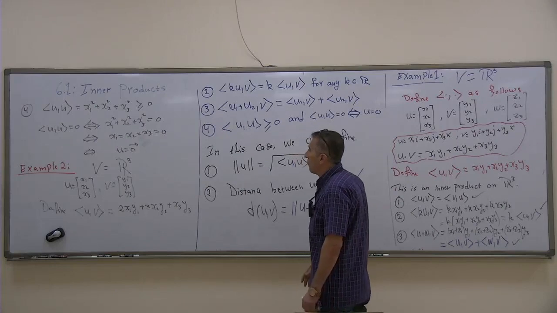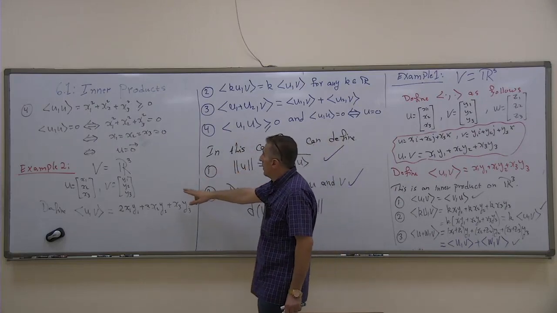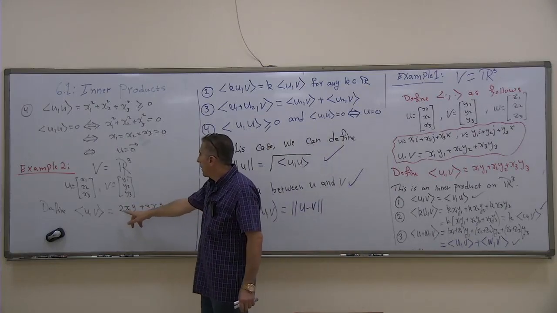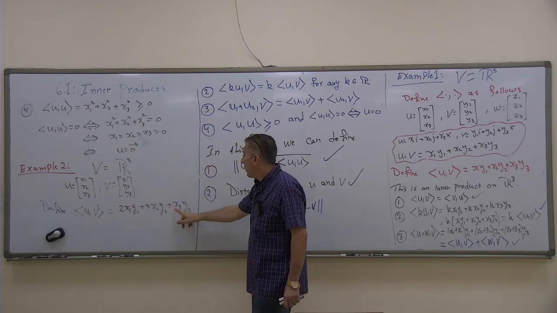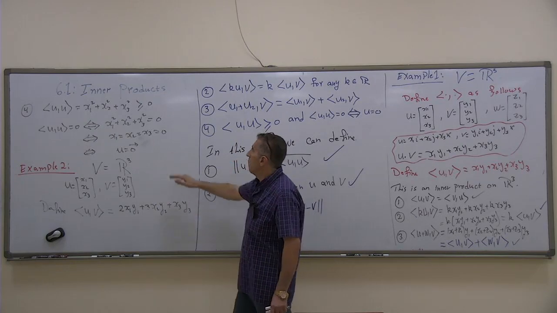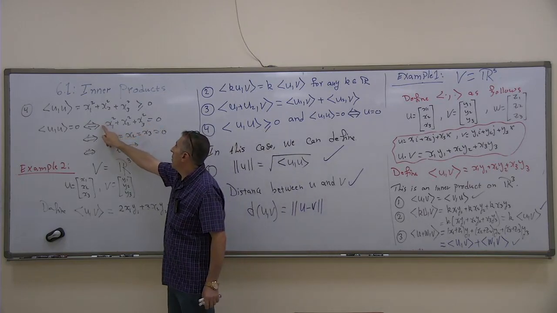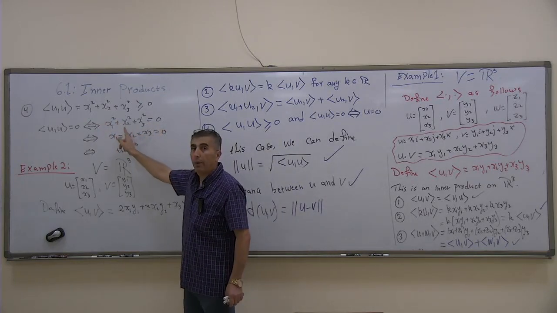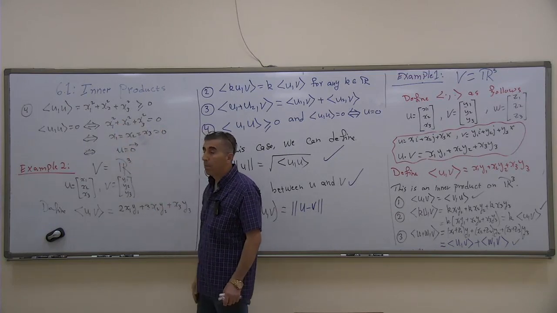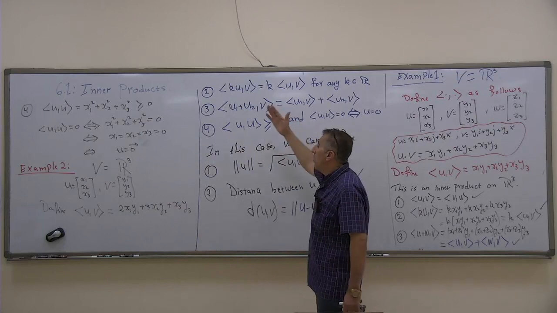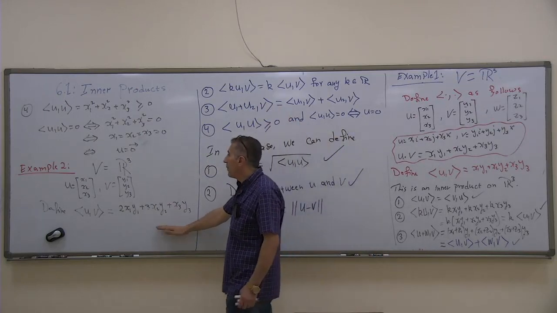What about 4? U with itself, what do you get? You get 2x1 squared, 3x2 squared, and here you get x3 squared. So as we did here, but you are going to have here 2 and here 3. Correct? So you get the same thing. Okay? So basically, all 4 conditions are satisfied if you do this.